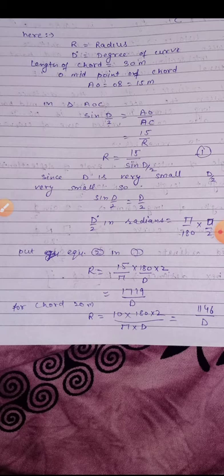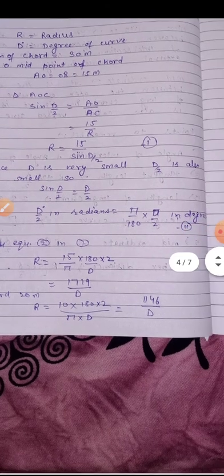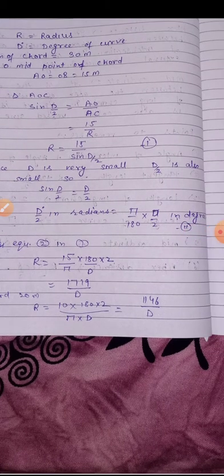Since D is very small and D by 2 is very small, sine D by 2 is equal to D by 2, and D by 2 in radians is equal to pi by 180 into D by 2 degrees.